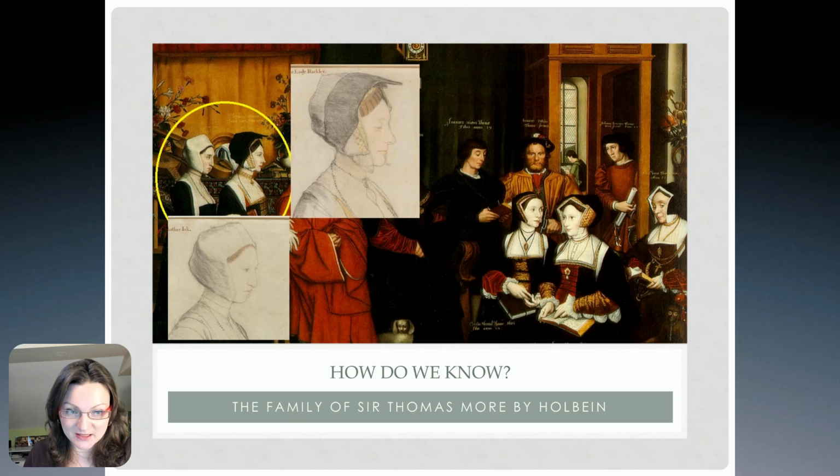The original of the painting is no longer extant, but we know it through a copy from the late 16th century. Now, these two women standing here are Margaret Giggs, Sir Thomas More's foster daughter, and Elizabeth Dauncey, Sir Thomas More's daughter. So those were not the Mother Jack and Lady Berkeley as identified incorrectly by John Cheke.